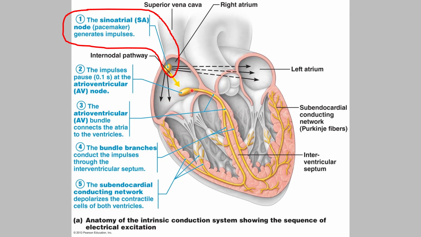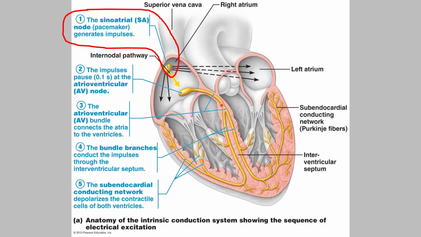Coming off of the atrioventricular node is a string of those non-contractile cardiac muscle cells. This is called the bundle of His, H-I-S, or the atrioventricular bundle, the AV bundle. The AV bundle runs from the AV node into the first part of the wall that separates the ventricles.